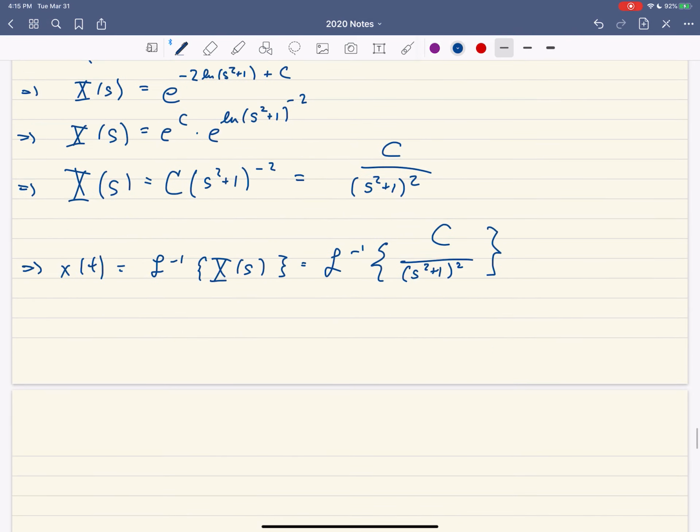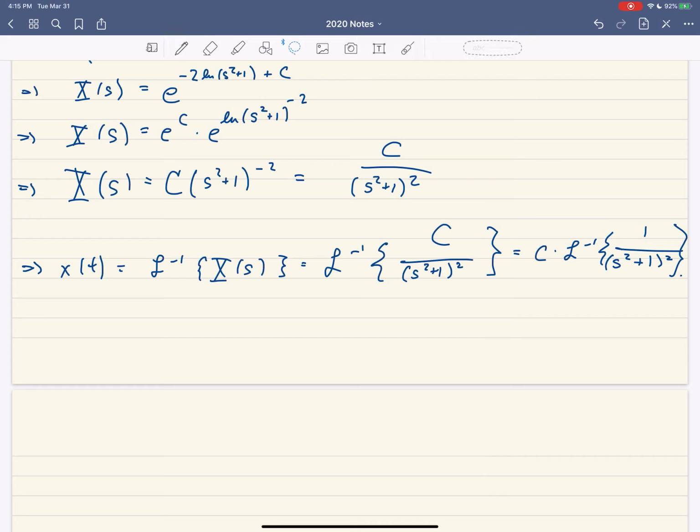And now we need to think about what's the inverse Laplace transform of this function. We can bring the c out. So this is c times the inverse Laplace transform of 1 over s squared plus 1 quantity squared.